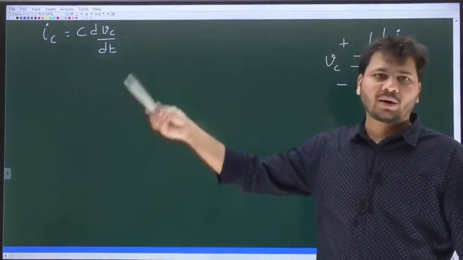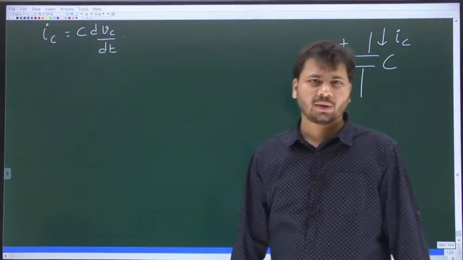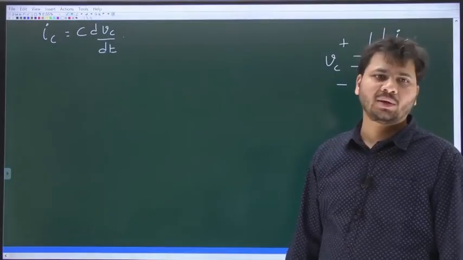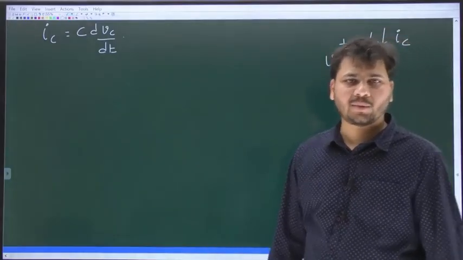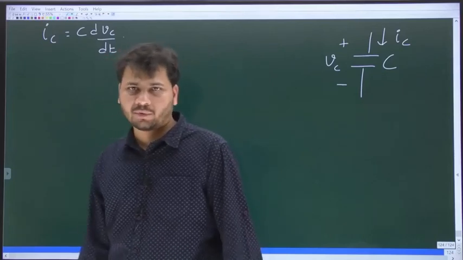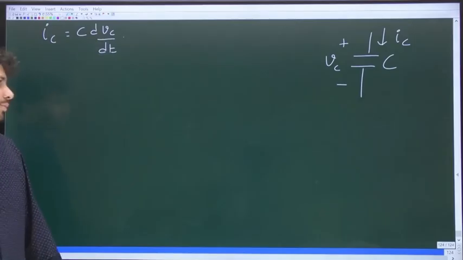Is it not current in terms of voltage? Do you all agree with that? When we write the equation as Ic equal to C times dVc by dt, it means we are expressing current in terms of voltage.